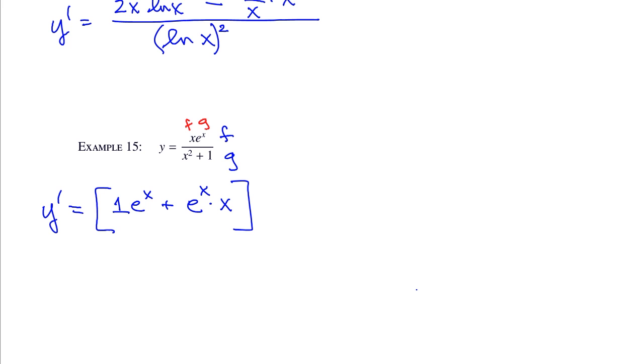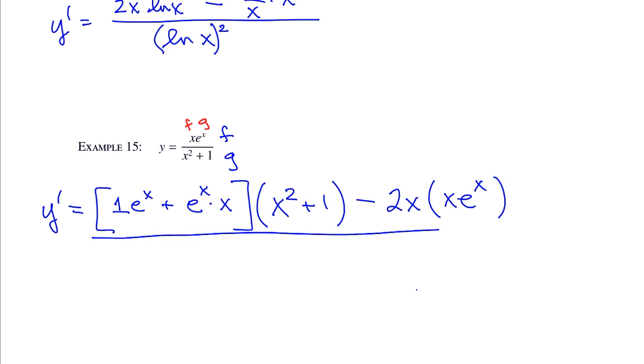So everything in those brackets is just the derivative of the numerator. Now, continuing with the quotient rule, times the denominator unchanged, minus the derivative of the denominator, 2x, times the top unchanged, x e to the x, divided by the denominator squared.